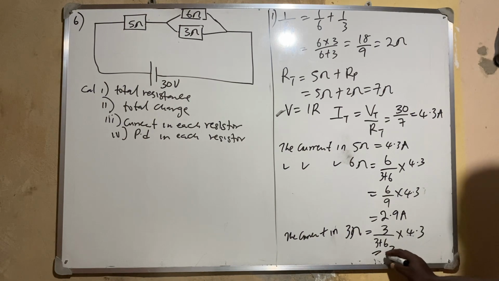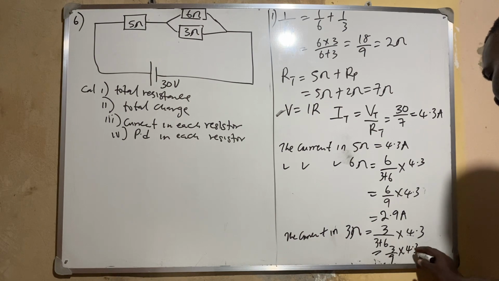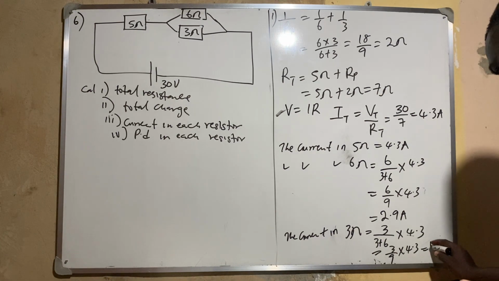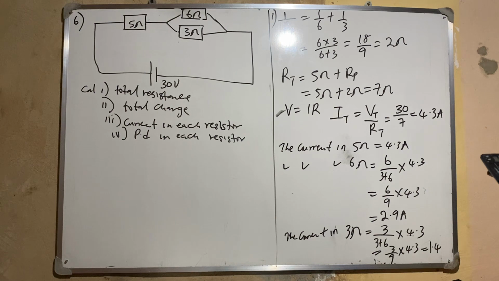So 3 over 9 times 4.3, that is 3 times 4.3 divided by 9. We have approximately 1.4 ampere. So now what do we do?